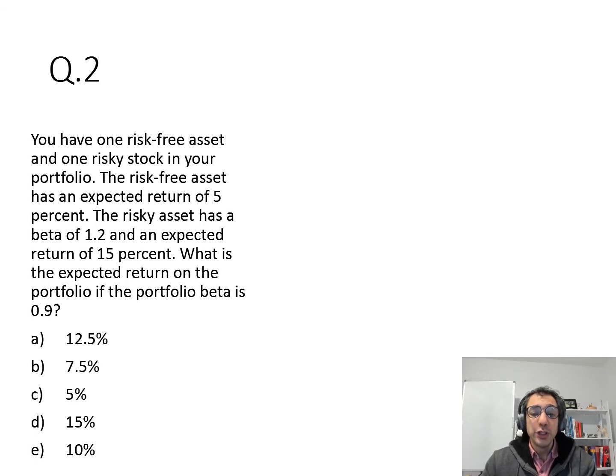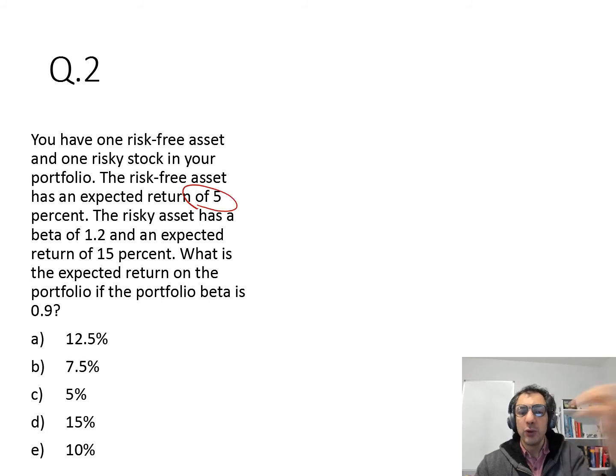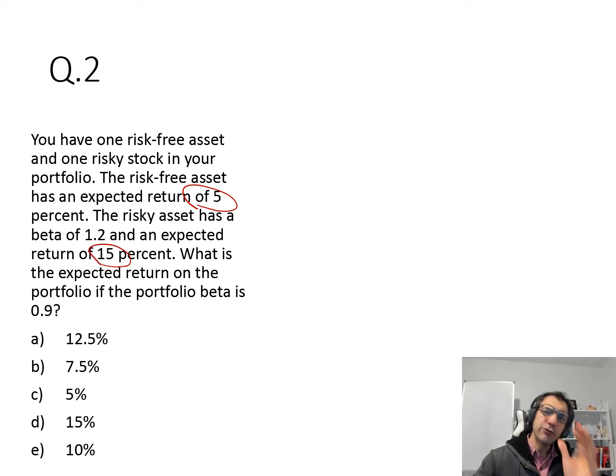So question 2, in this question, we are looking to calculate the expected return on a portfolio. Our portfolio has 2 assets. One is the risk-free asset, and we know that the expected return on this asset is 5%, and we also have a risky asset with the expected return of 15%. We learned that the expected return on the portfolio is based on the weighted average of individual assets' returns.